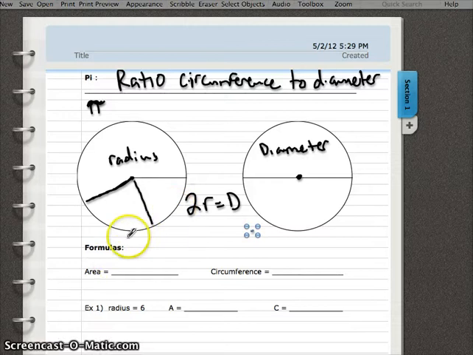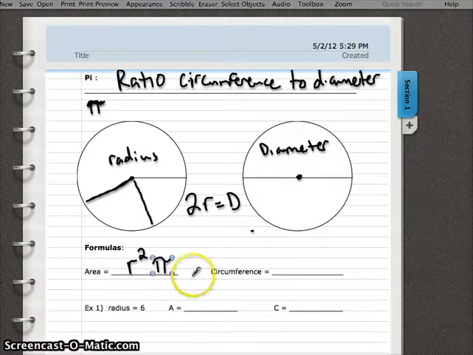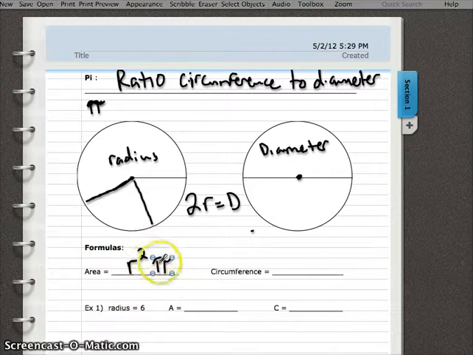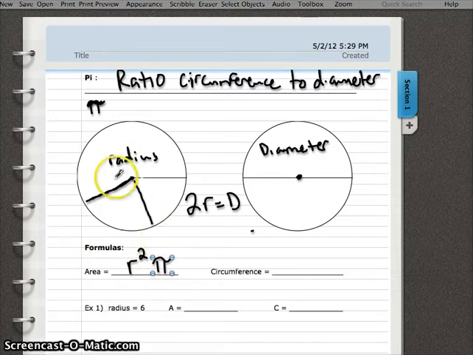To find the area of a circle, you square the length of your radius, and then multiply that by the value of pi. Some people like to say pi r squared to help them remember.